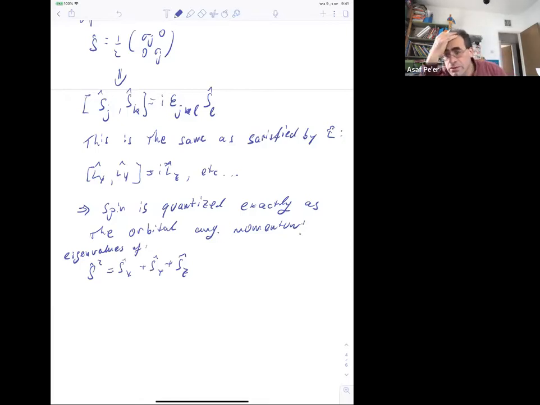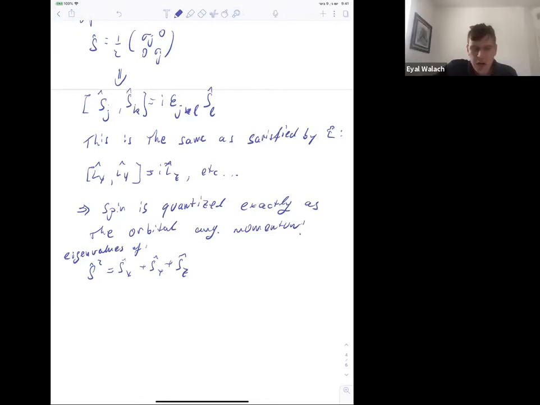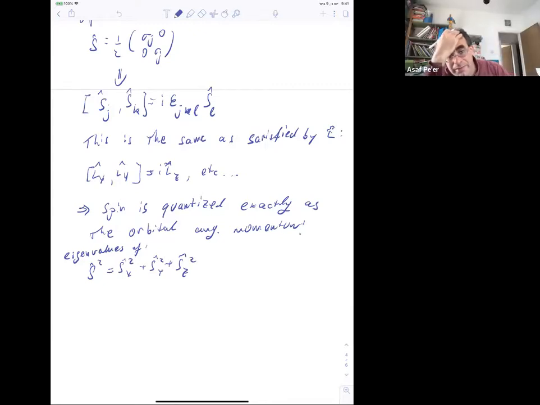Guys, I'm asking you. I think you missed squared. It's Sx squared plus Sy squared plus Sz squared. Thank you. You're right. So what are the eigenvalues of S squared?